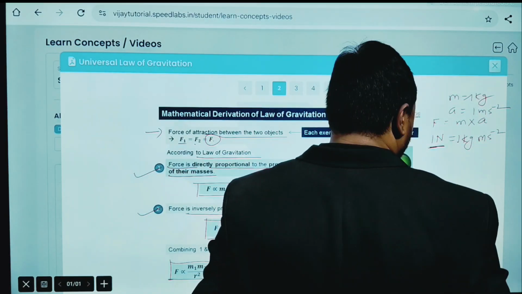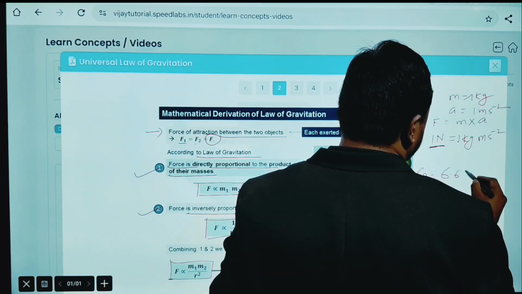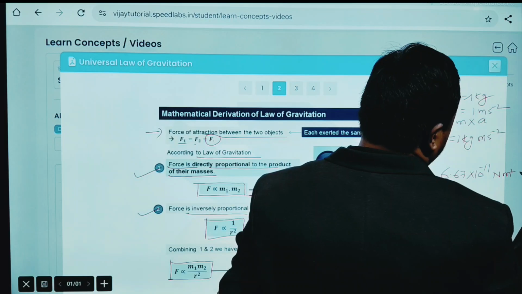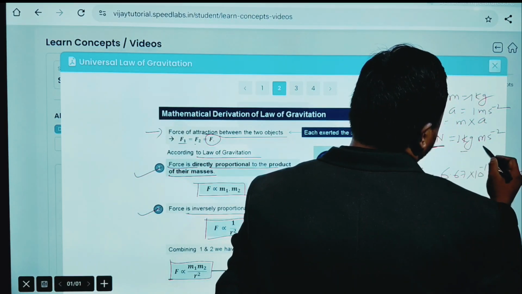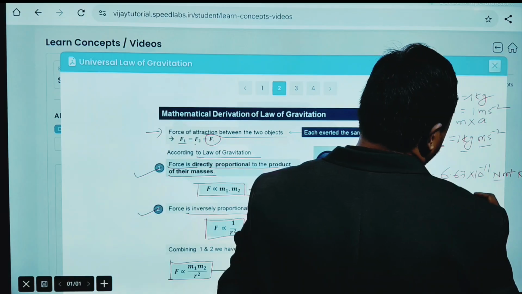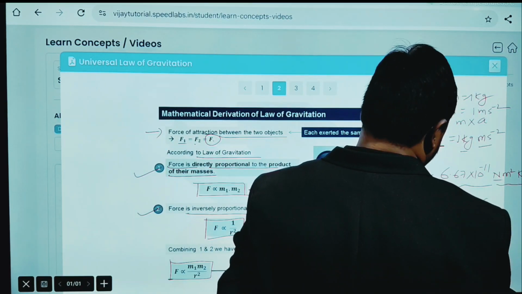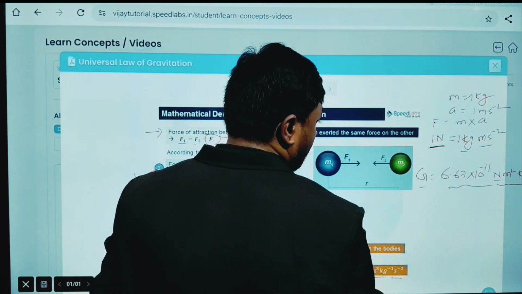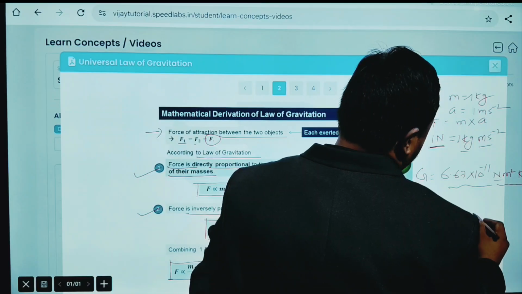Correct or not? So what I told, G is equal to 6.67 into 10 to the power minus 11 Newton meter square per kg square. So instead of Newton we are writing kg meter per second square. The same unit you can write, I am just showing the unit. So Newton we can write as kg meter per second square.